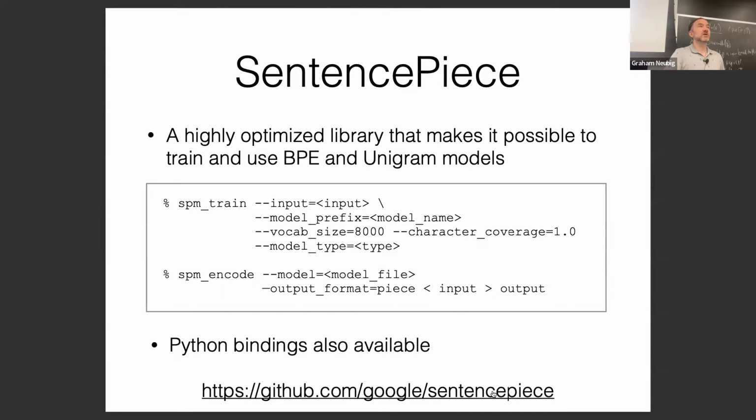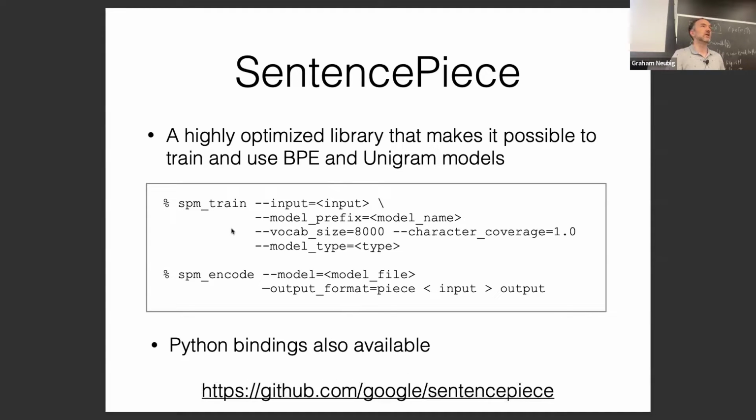There's a bunch of different ways that you could create things like this. The standard, or like OG, example of doing this is SentencePiece. It's a highly optimized library that makes it possible to train and use BPE and unigram models very easily.